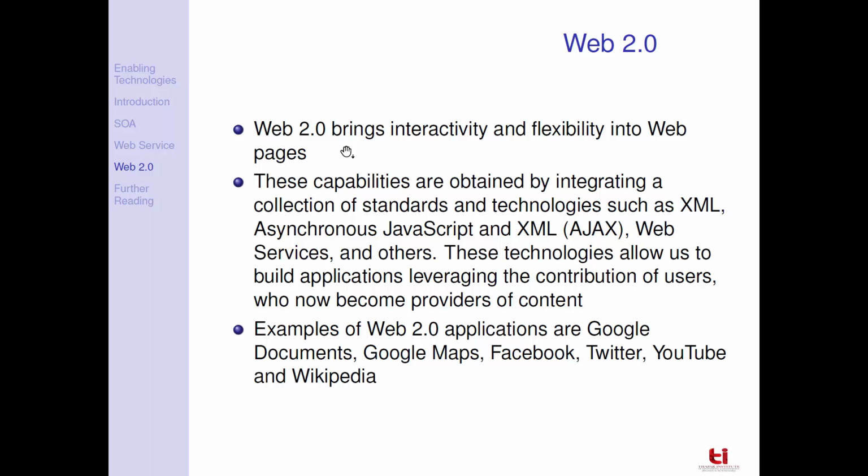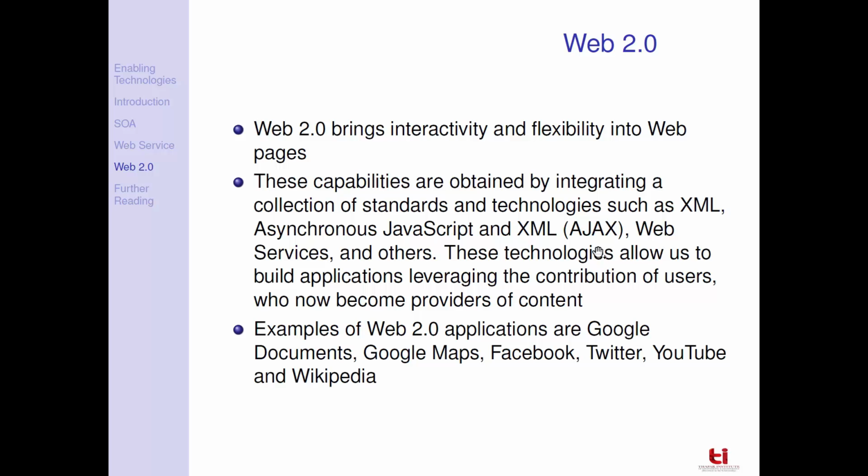So what does it do? It brings interactivity and flexibility into web pages. These capabilities are obtained by integrating a collection of standards and technologies such as XML, Asynchronous JavaScript and XML (AJAX), web services, and others.